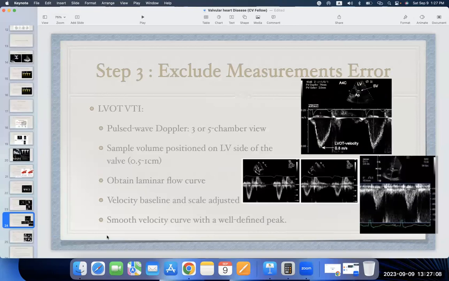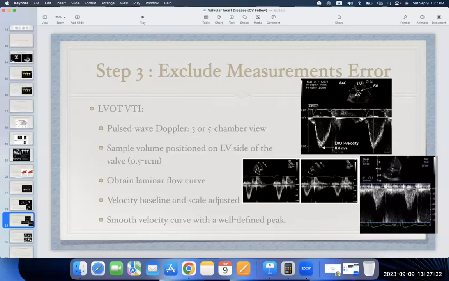The other source of error is the LVOT VTI, and it is very important to know how to measure it. As I mentioned before, we measure the LVOT VTI in the 5-chamber or 3-chamber view. We try to put the cursor as far as possible in the LVOT, but before the acceleration in the flow.